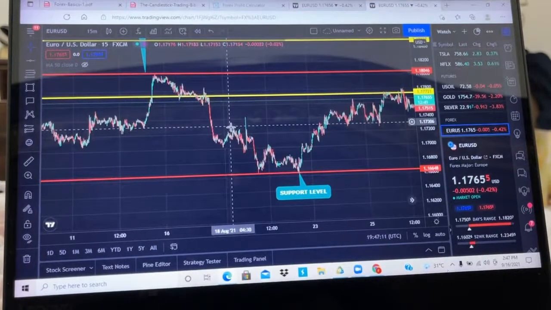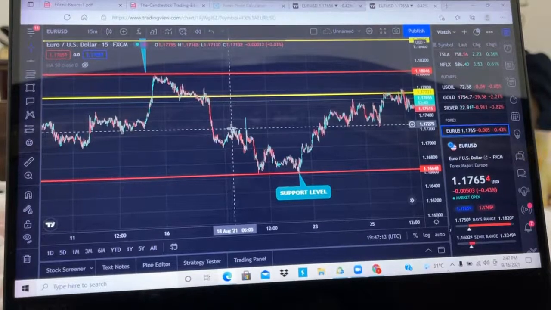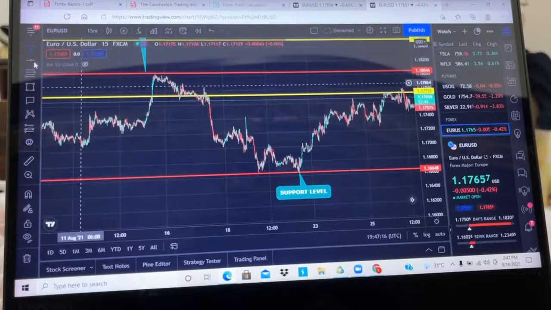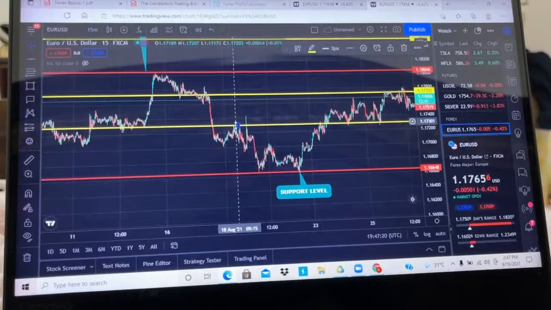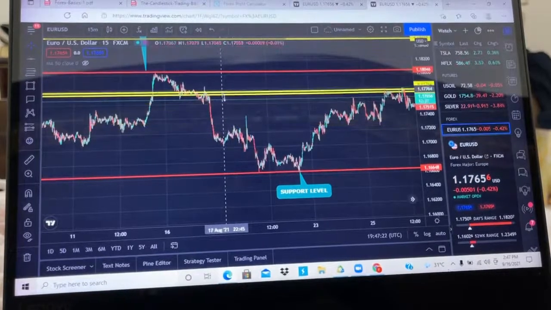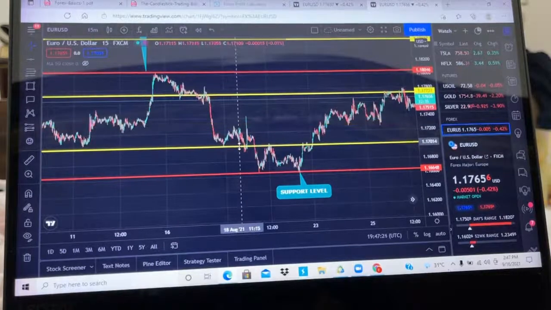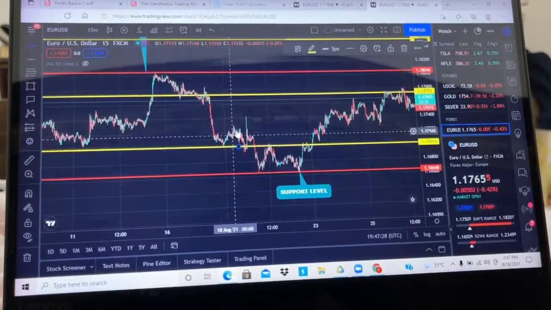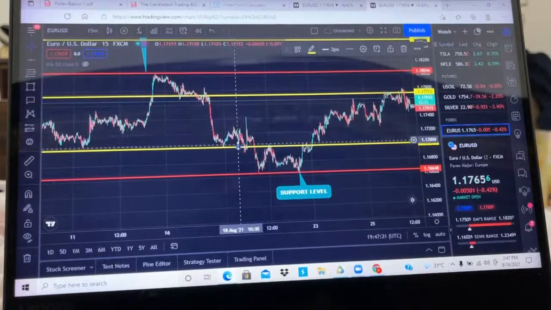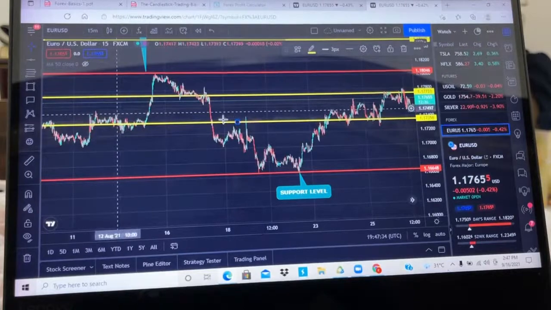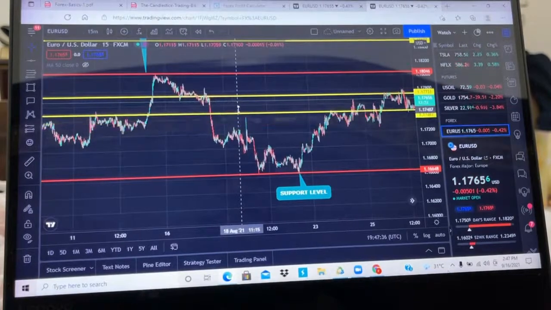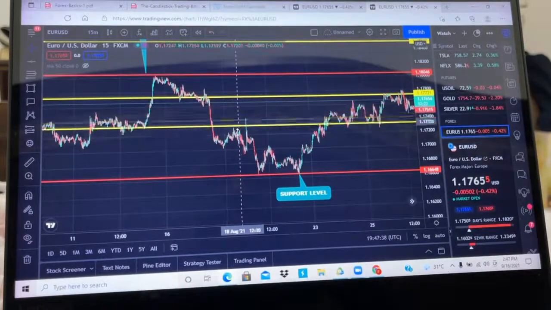Right here was another swing point, and before it you had a support. Before we had a support right here, a support level. So we had multiples. Even if you look over to your left, you'll see multiple information as well.